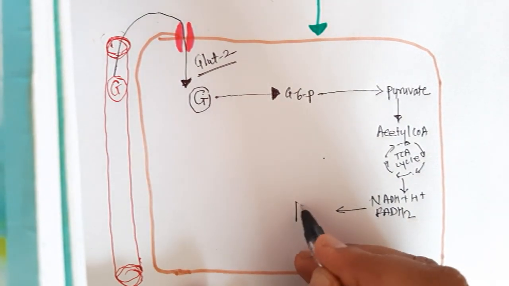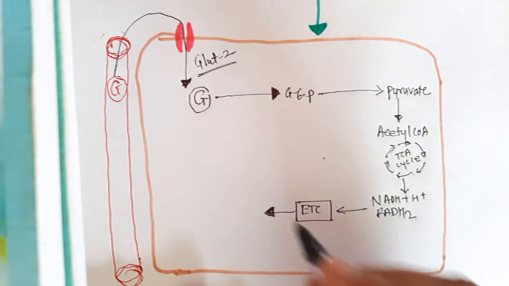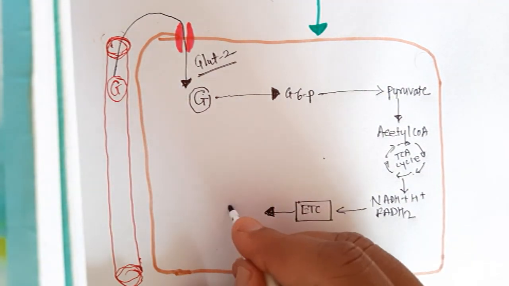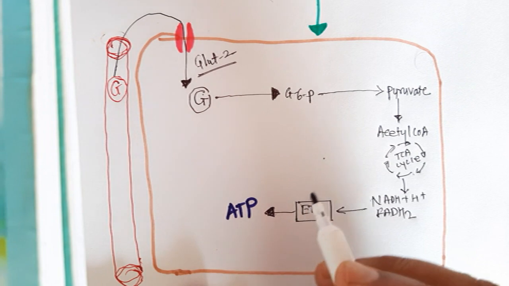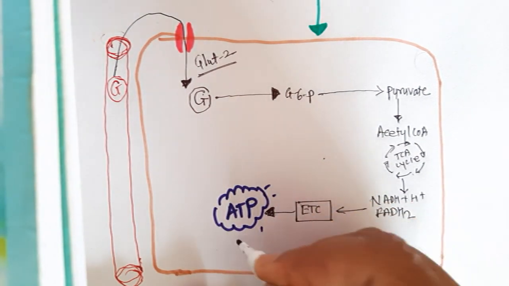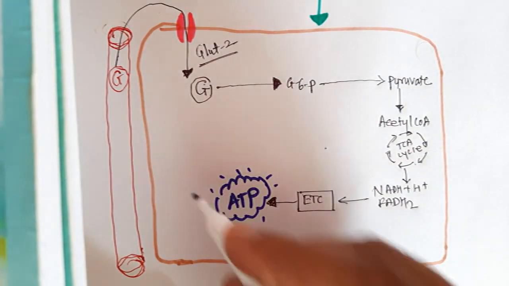These then enter the electron transport chain and we get ATP after oxidation of glucose, ATPs as energy.